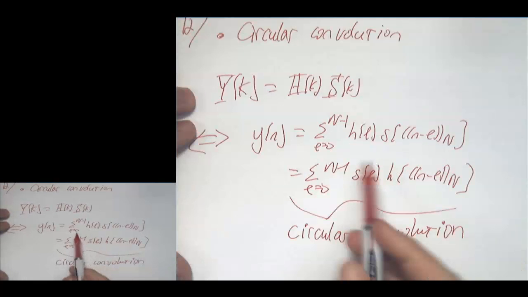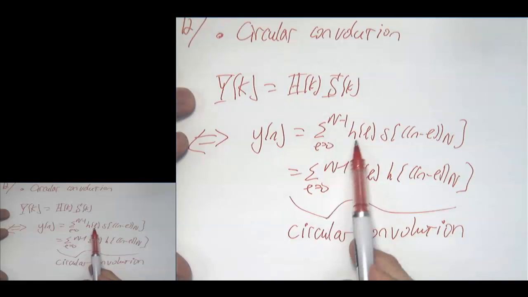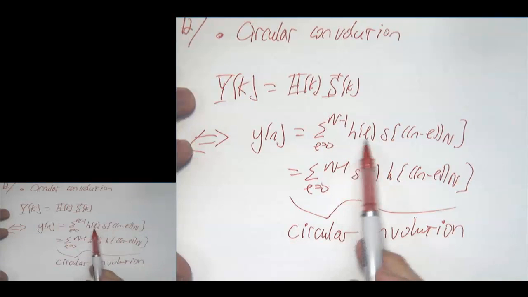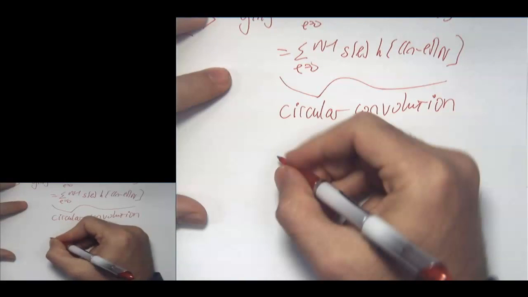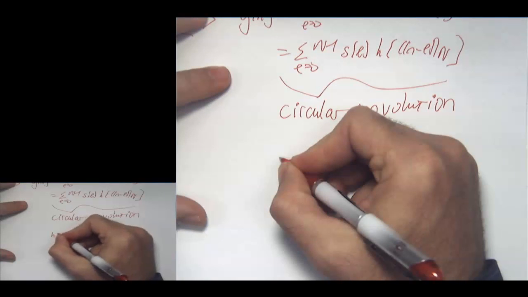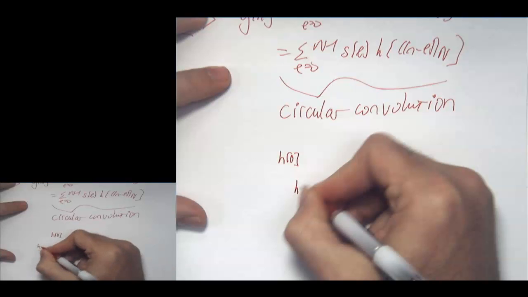What's important here is that you're summing from 0 to N minus 1, and you're always summing products of both of these two signals together. So there's no edge effect here. The typical way that circular convolution is visualized, using the equivalent of the flip and slide, is a barrel of all things.